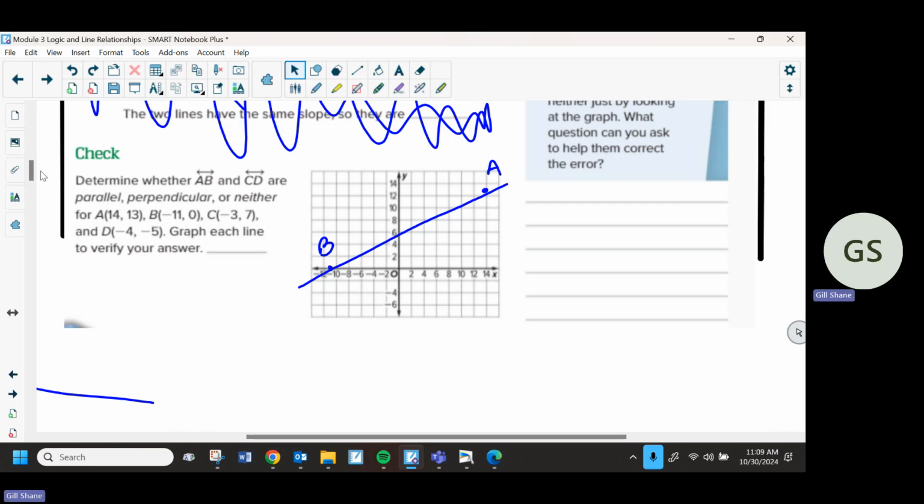Same thing you did with A, because A and B is one line. Line CD is a different line. So if you put the points for C and D on them, you'll see. And so what was the answer? Fantastic.